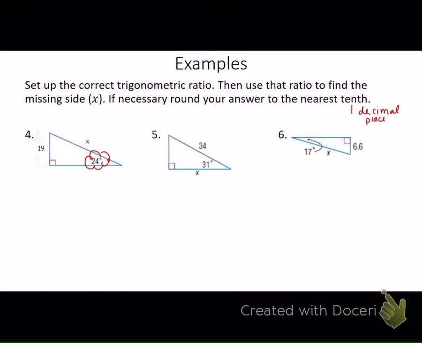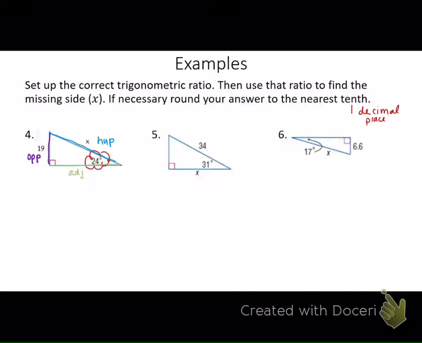So opposite of the 24 is what, Casey? 19. The hypotenuse of this triangle is what, Morgan? Which means that my other side here is my adjacent.